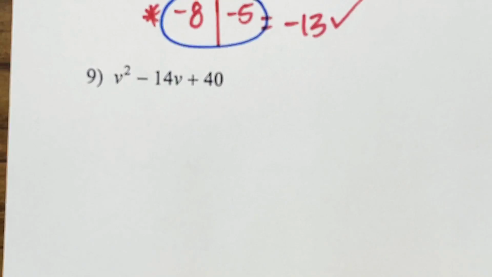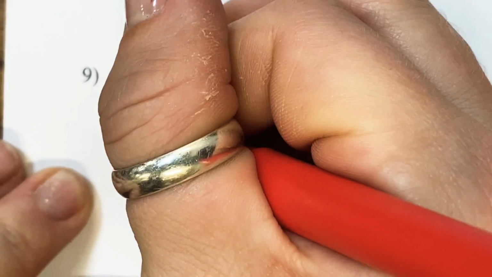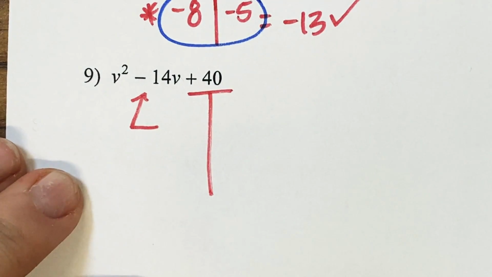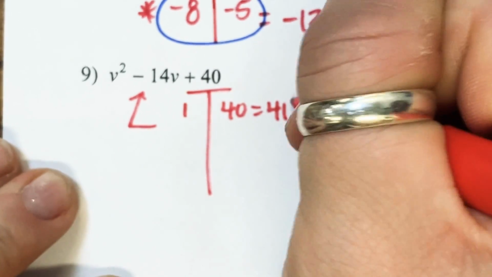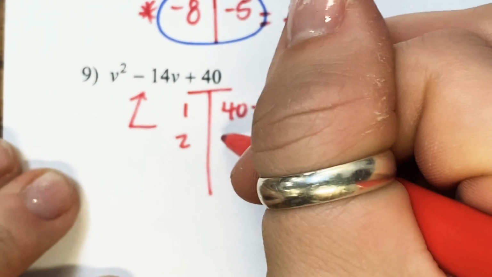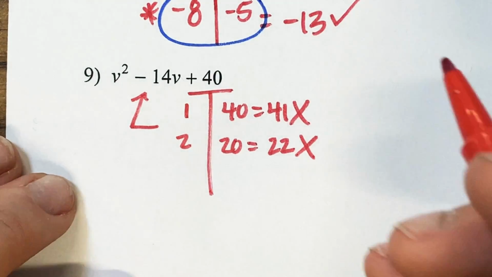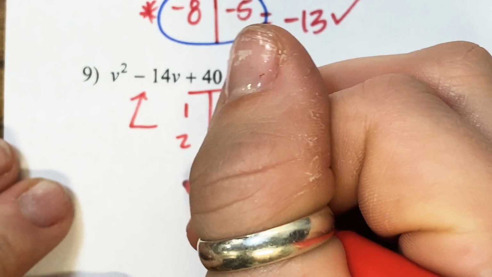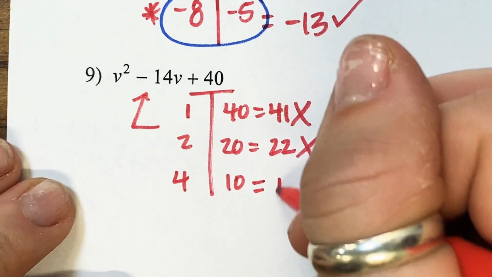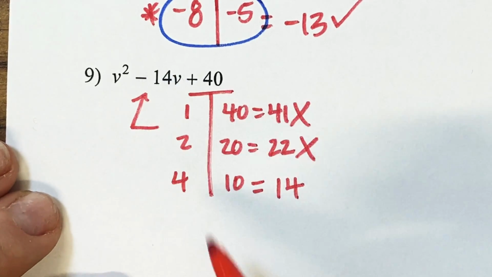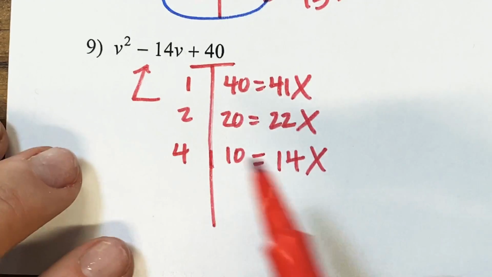Okay, so for number 9, we need it to multiply to give us positive 40, but then add to give us negative 14. Ooh, it's going to add to be a negative. So we know 1 times 40, that's going to give us 41, so no. What about 2 times 20? That's 22, no. Okay, what about 4 times 10? Okay, that's going to give us 14, but is it negative 14? No, it's not. But remember our special rule.